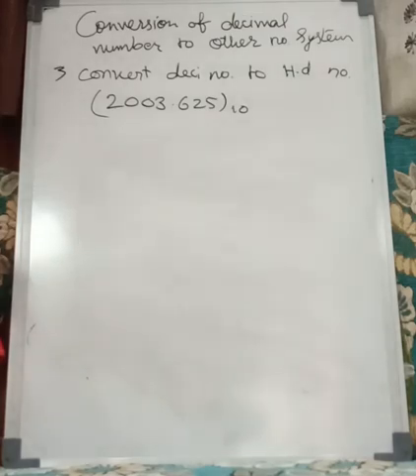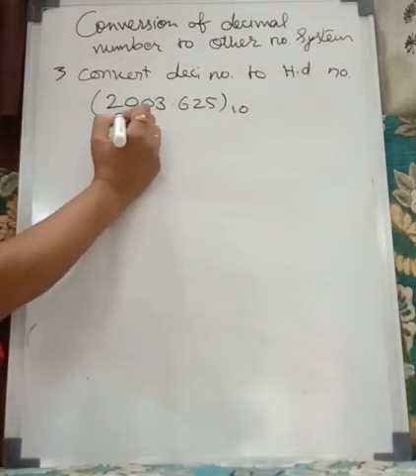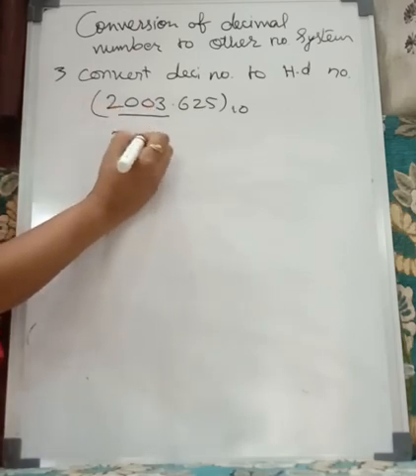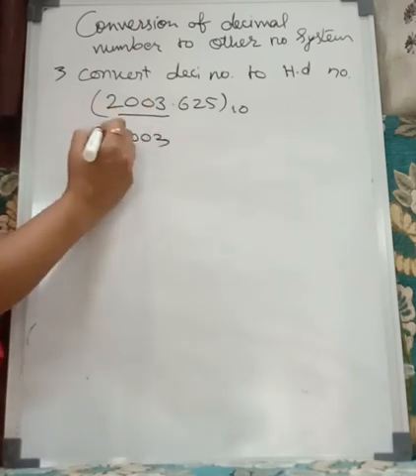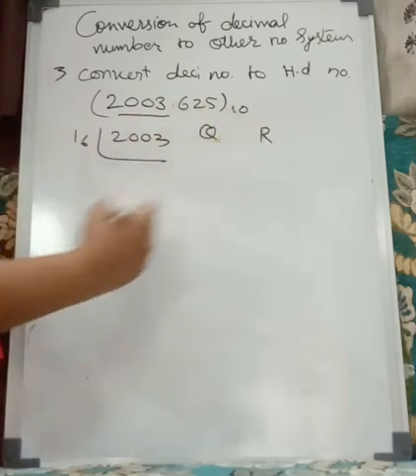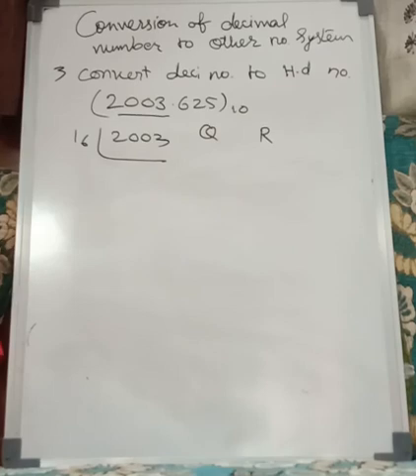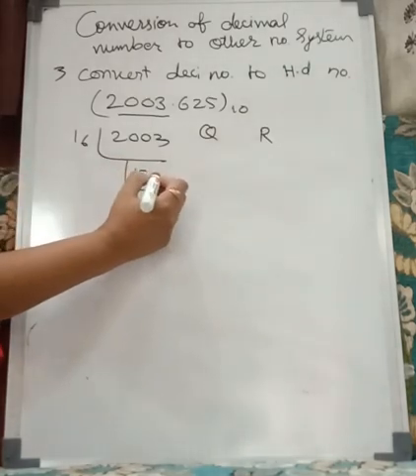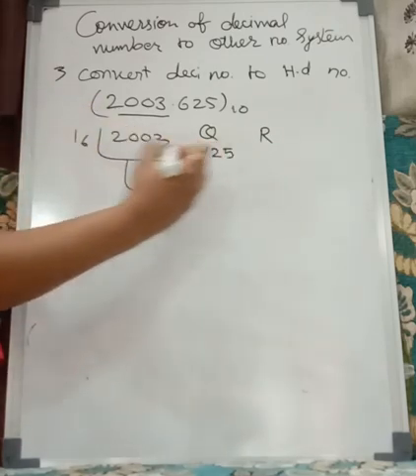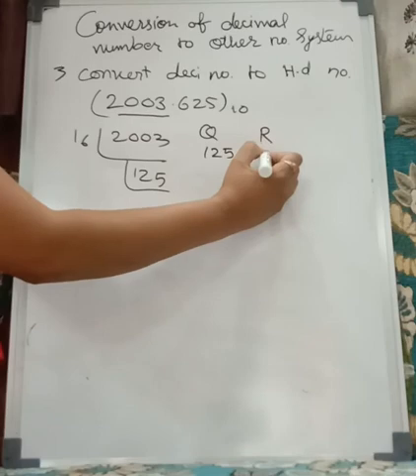In a very similar manner, first we'll take the integer part 2003, divide this by 16, and note down the quotient as well as remainder. The first time, I will get the quotient as 125, and the remainder will be 3.